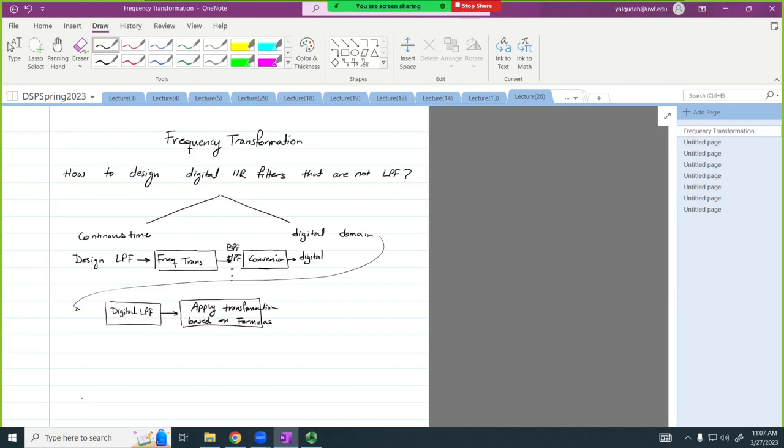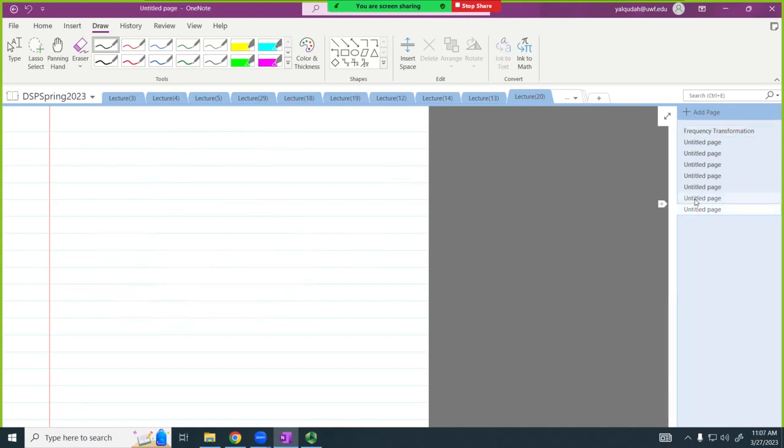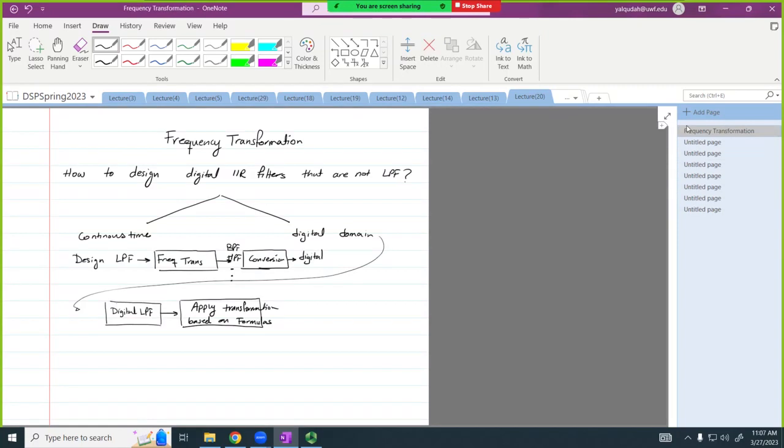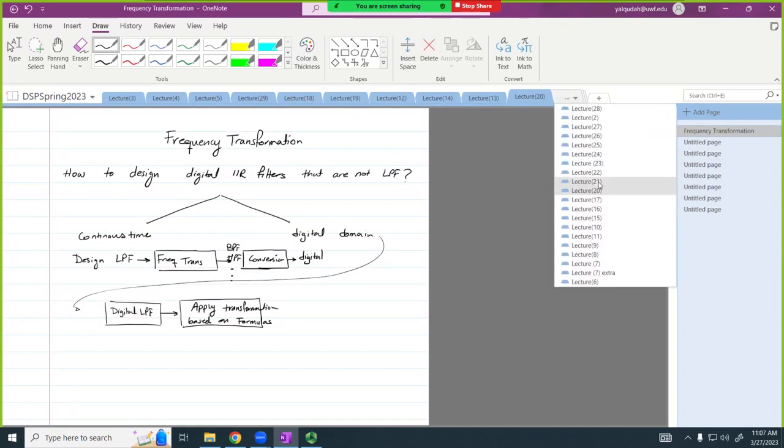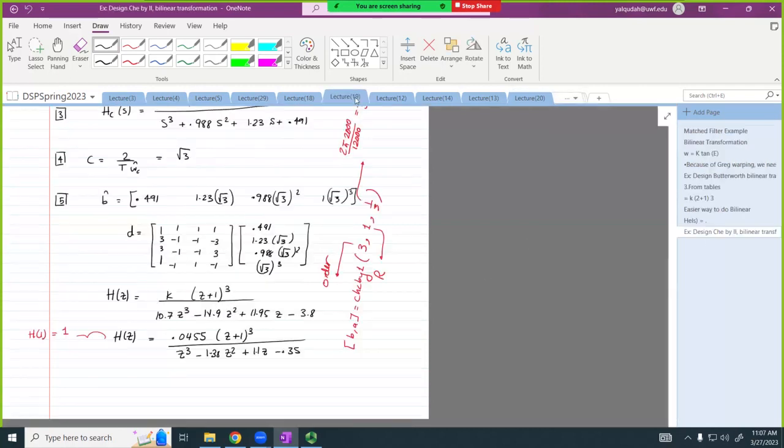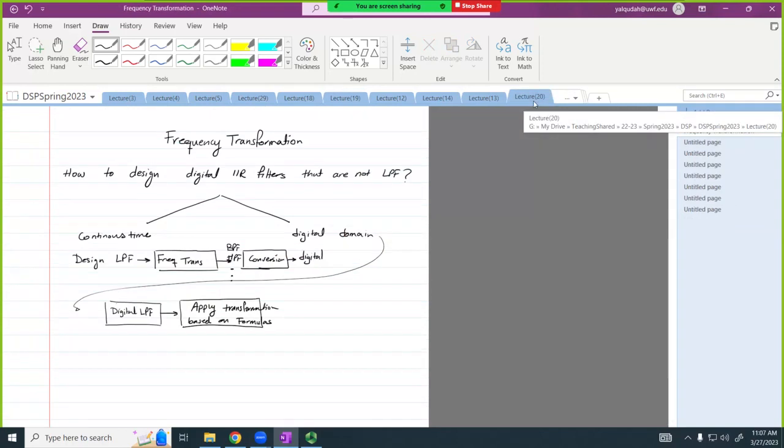The method that we're going to be covering is this method, which is to design a low-pass filter, then do the frequency transformation, then do the conversion to a digital filter.